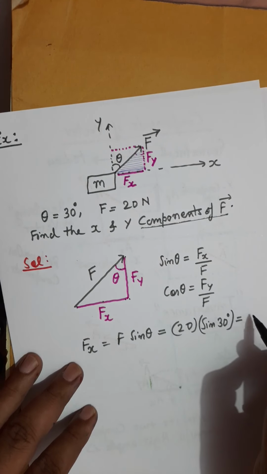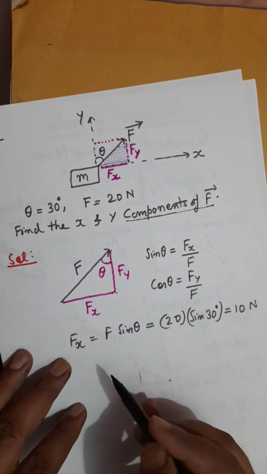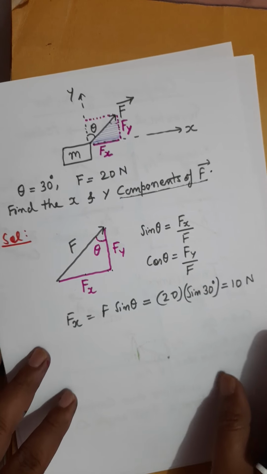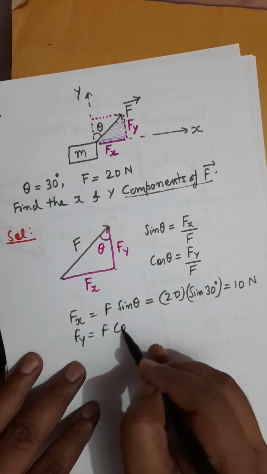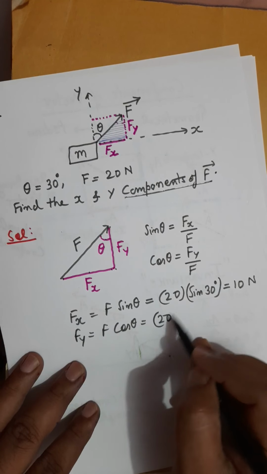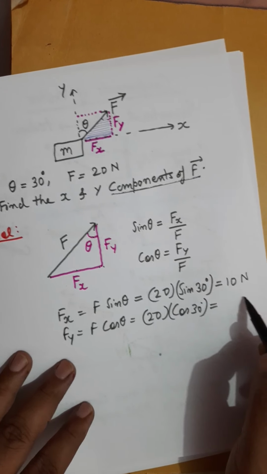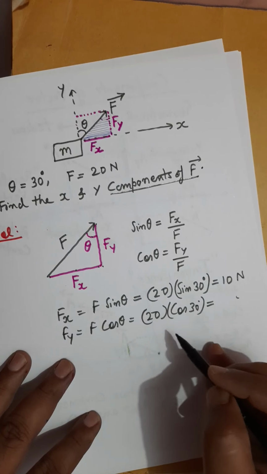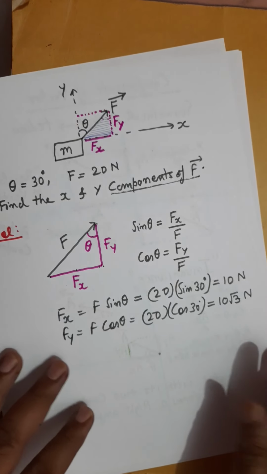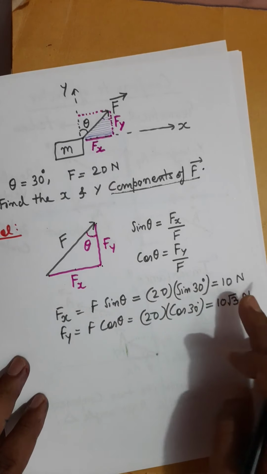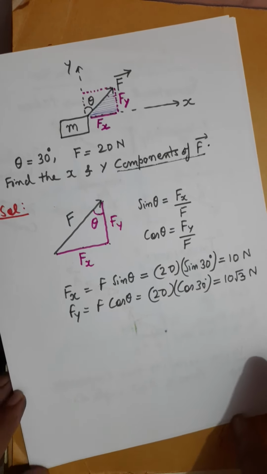So 1 by 2 into 20 becomes 10, and it has the same unit, which is Newton. If the force is in Newton, the components will also have the same unit. Then fy is f cos theta, that is 20 cos 30 degrees. Cos 30 degrees is square root 3 divided by 2, so I get 10 root 3, and the unit is Newton. So 10 Newton and 10 root 3 Newton are the components of our vector.